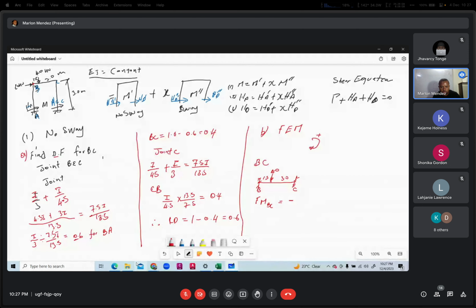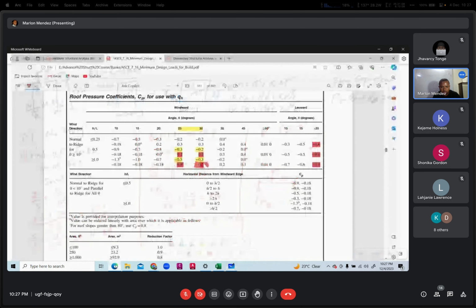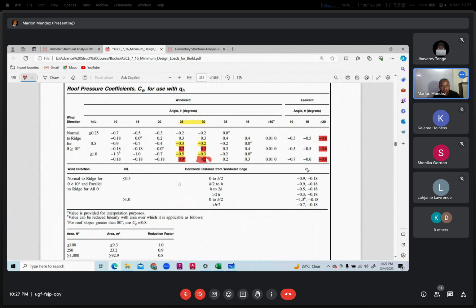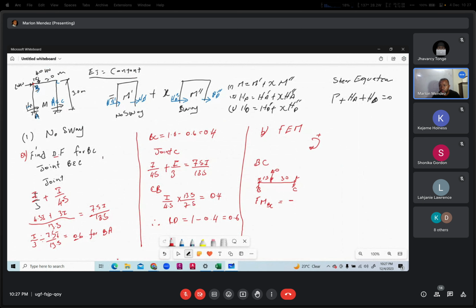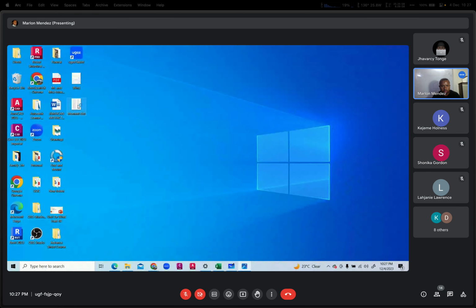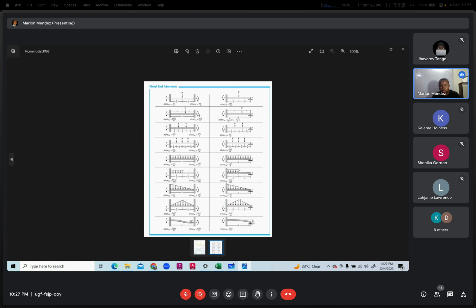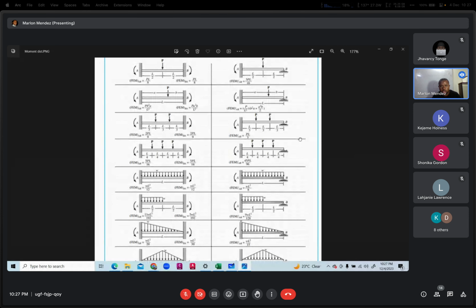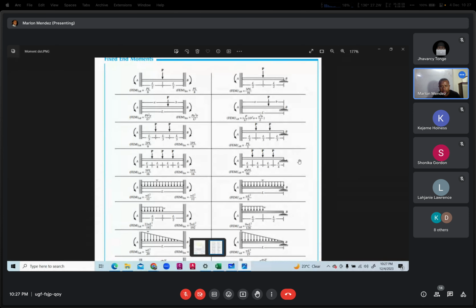Let's go to the table. Which of these equations would apply?